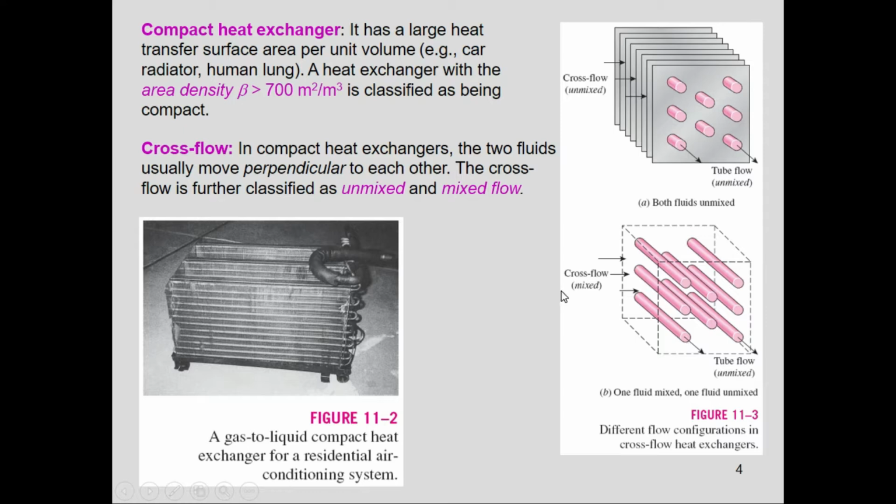And the second fluid, which is moving in a cross direction, perpendicular to this flow direction, is the mixed flow. The fluid layer which is moving over here, after passing through, might go from here and it might go from here. So the flow will mix while it passes through these tubes.